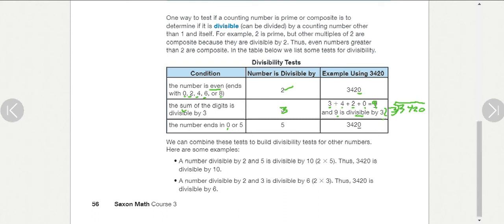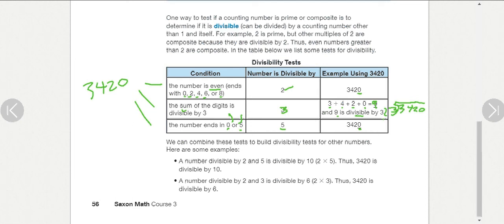If a number ends in 0 or 5, it's divisible by 5. Have you ever noticed that all products of 5 end in 0 or 5? So the number 3,420 is divisible, according to these mental tests, by all 3 of these. Why is that useful?